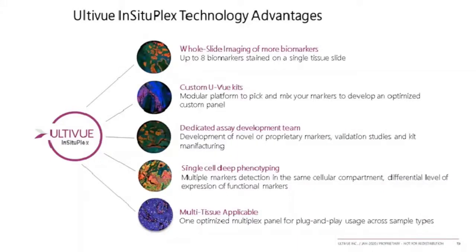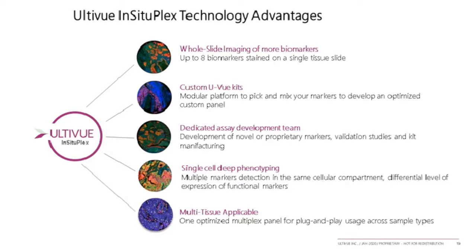And with this, I get to my summary slide. I think I have shown you that we can now look at up to 8 biomarkers in a single slide while still doing whole slide imaging, that we have the ability of building custom UView kits where we can pick and mix the markers of interest.